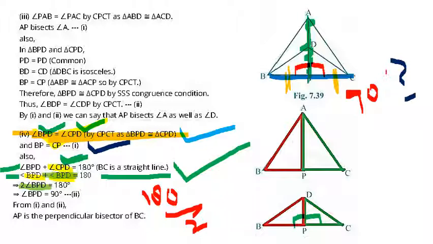So that gives us angle BPD is equal to 90 degrees. So it is dividing side BC into two equal halves, BP and CP are equal, and it is also perpendicular to BC. So it is perpendicular as well as bisector. That is, AP is a perpendicular bisector of BC. Hopefully you understood this. Thank you.